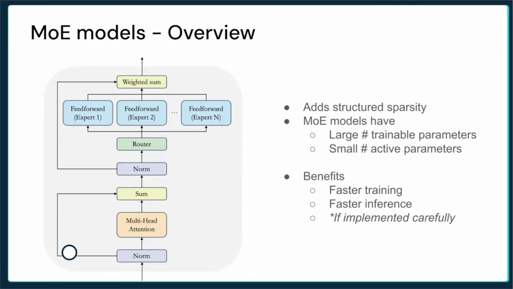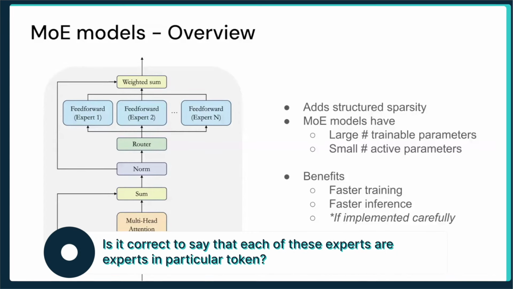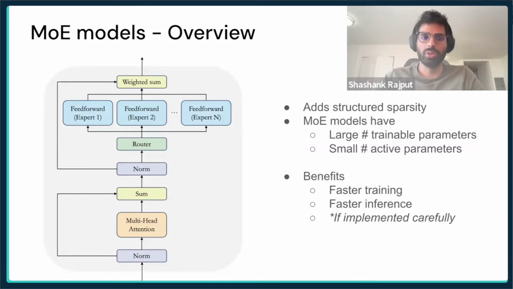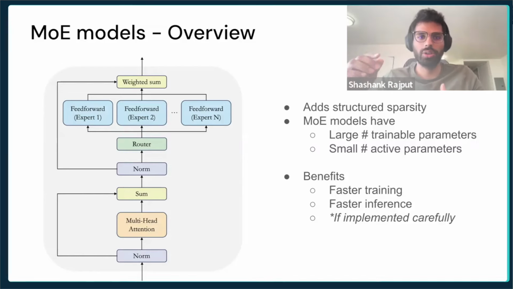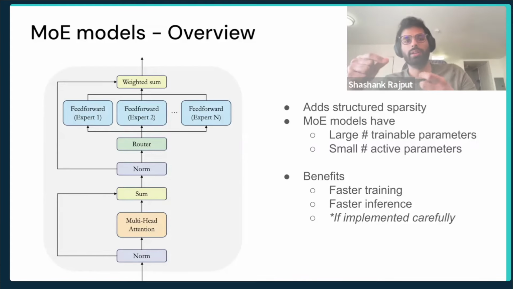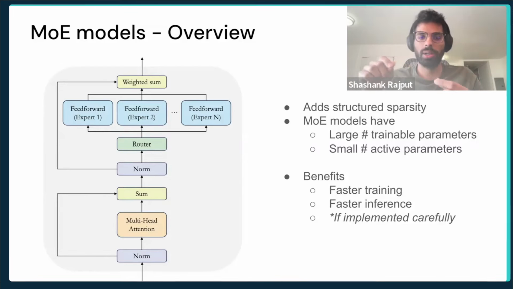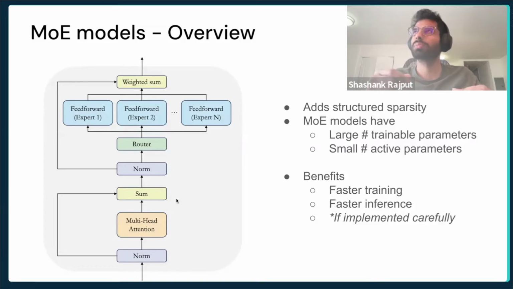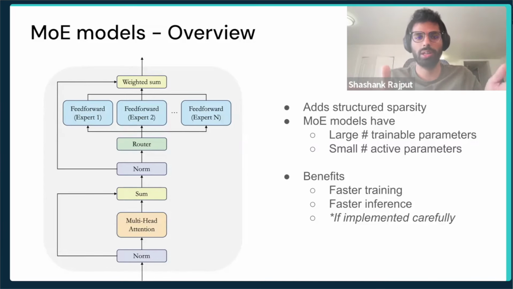Is it a fair characterization to say that each of these experts is kind of an expert in a particular token? Yeah, but you also have to understand that as the layers go on, a particular token might lose its semantic meaning. Let's say a model has 20 layers.